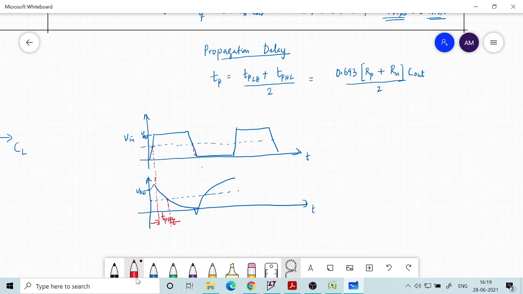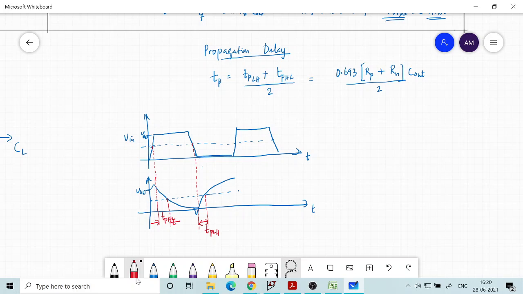Similarly you can do this for the other edge also. This will be much smaller compared to rise time and fall time, where we take from 10% to 90%. So this is T_PLH.